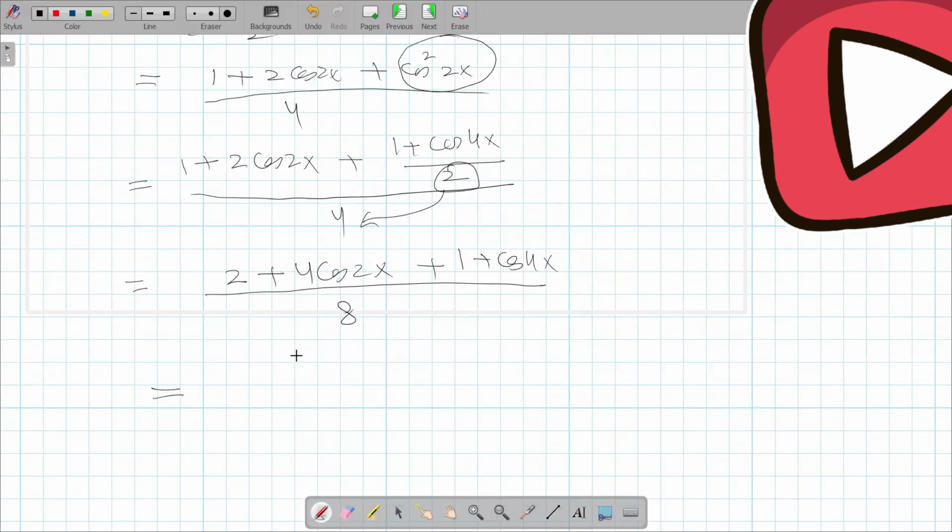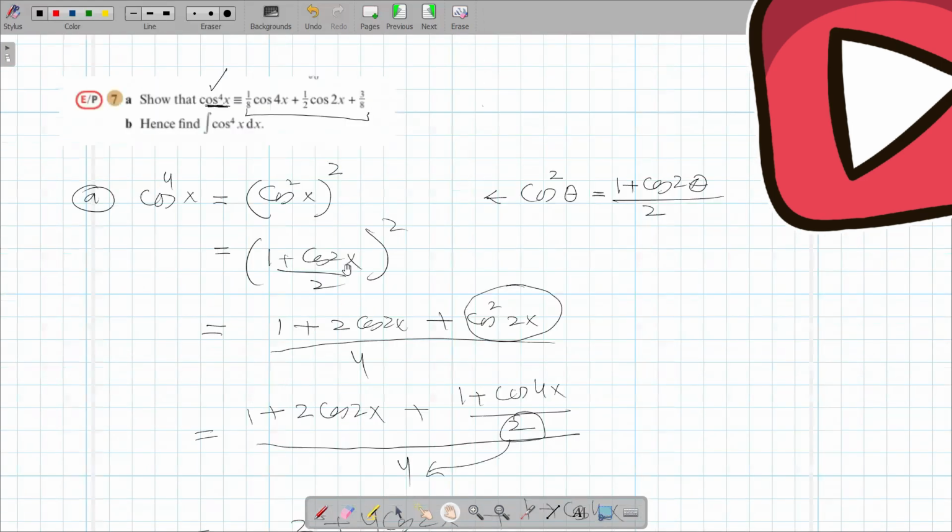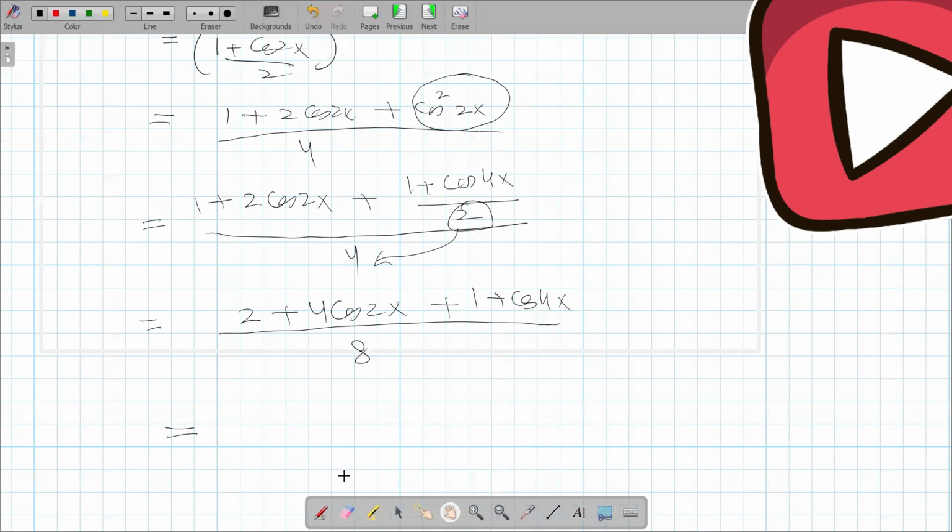Cos 4x is the first term, 4 times cos 2x is the second term, and 2 plus 1 will give us 3, and divide each term by 8.